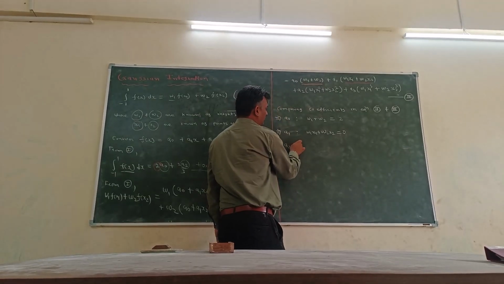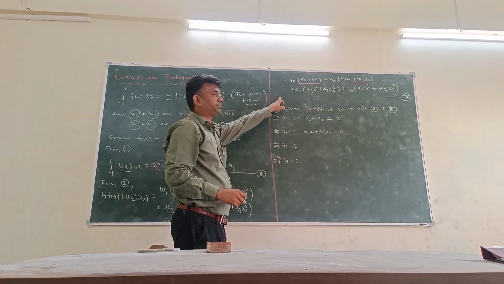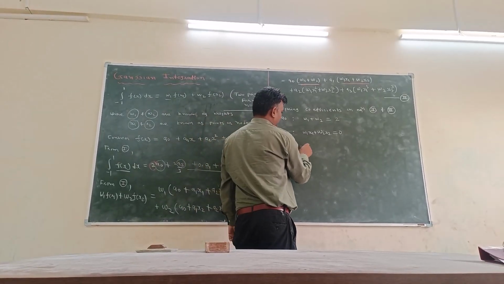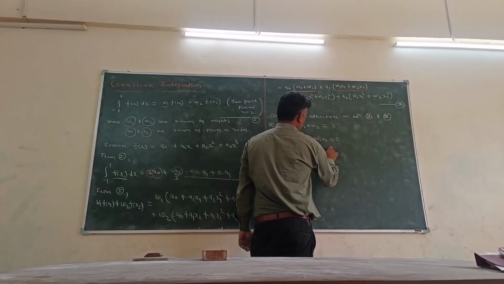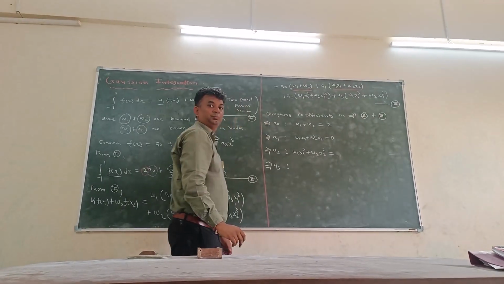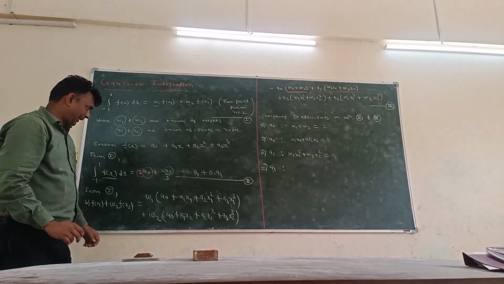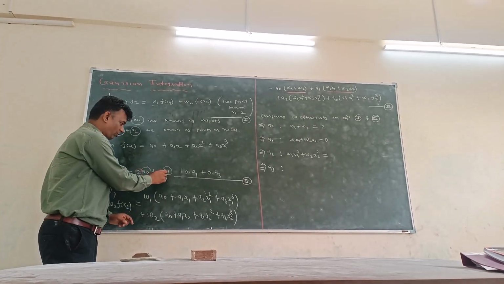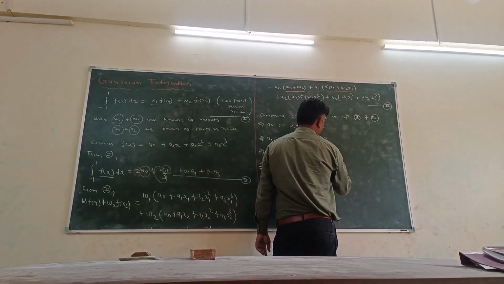So what about a2? W1x1 square plus W2x2 square is equal to what? Correct, 2 by 3. For a2, the coefficient is 2 by 3.